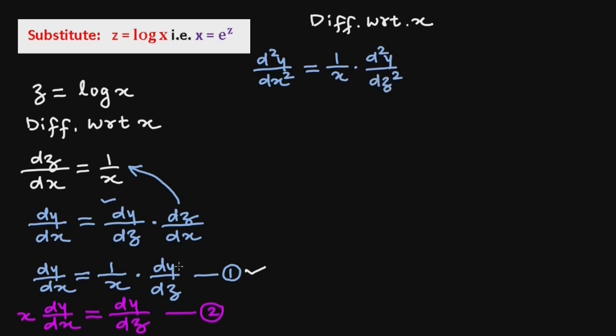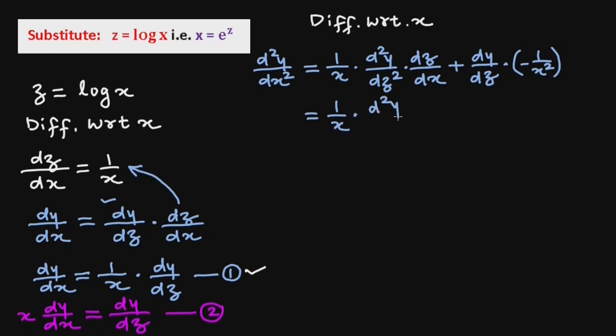Now since we are differentiating with respect to z, we have to multiply this by dz by dx, plus second function, which is dy by dz, into derivative of first function 1 upon x, which is minus 1 upon x square, which is 1 upon x into d2y upon dz square into, we have dz by dx equals 1 upon x, so into 1 upon x, minus 1 upon x square dy by dz.